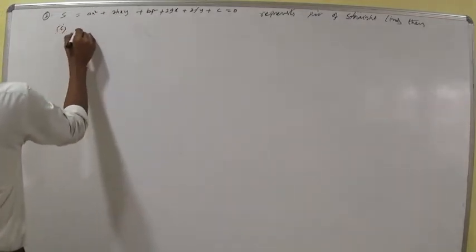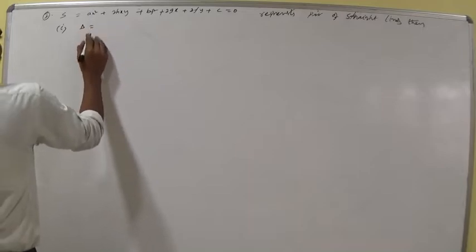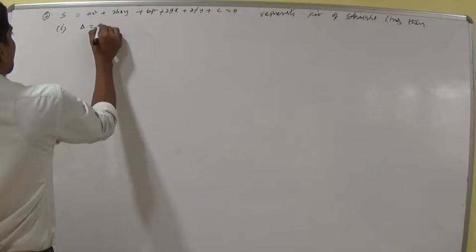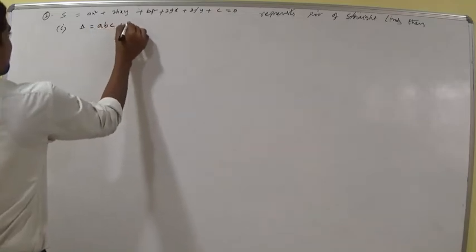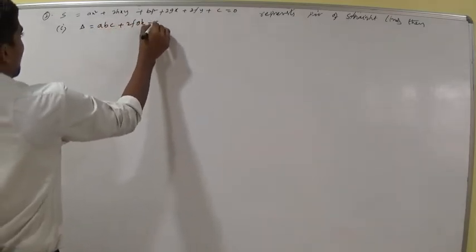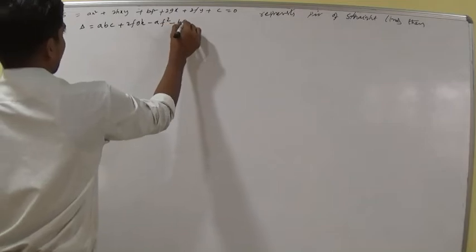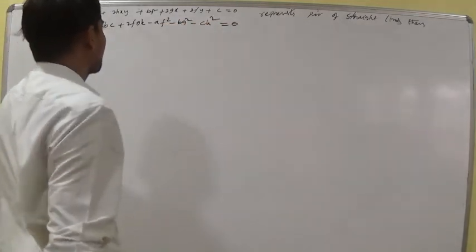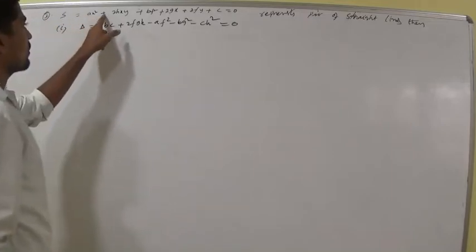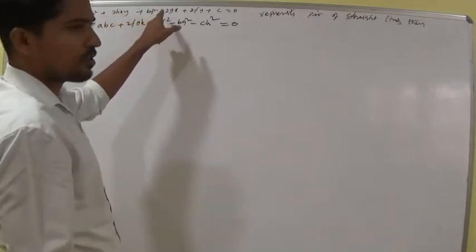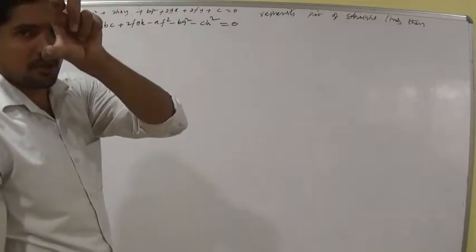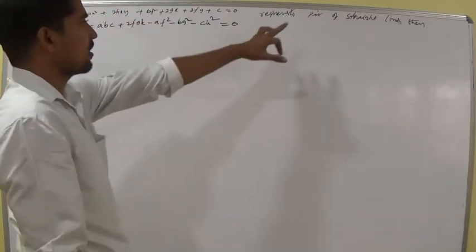The first condition is that delta, abc plus 2fgh minus af square minus bg square minus ch square, is equal to 0. S is equal to ax square plus 2hxy plus by square plus 2gx plus 2fy plus c is equal to 0 represents a pair of straight lines.